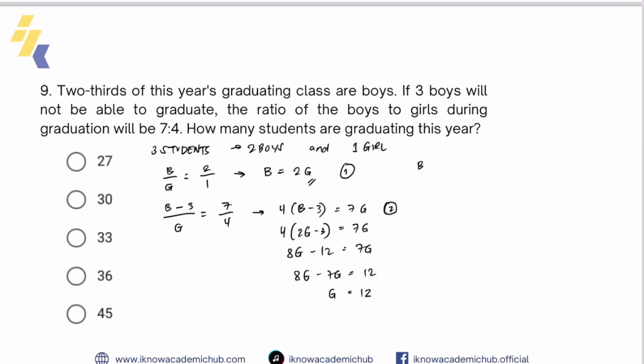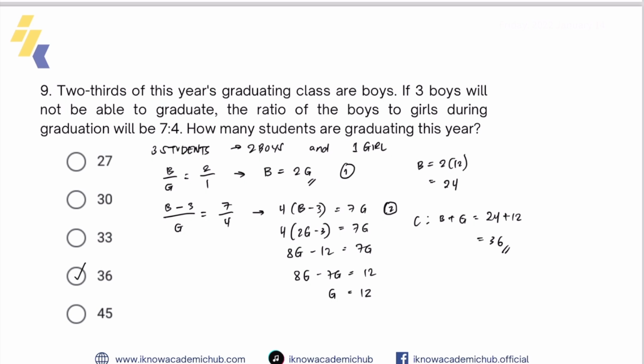So we can now get the number of boys. B is equal to 2 times 12. So we have here 24. Now, what is the total number of the students graduating? That is B plus G equals 24 plus 12. That is 36. Now, this is the correct answer.